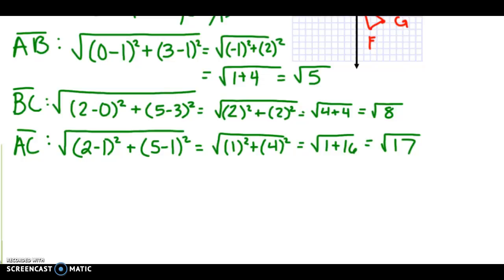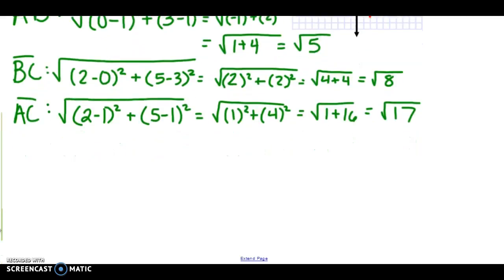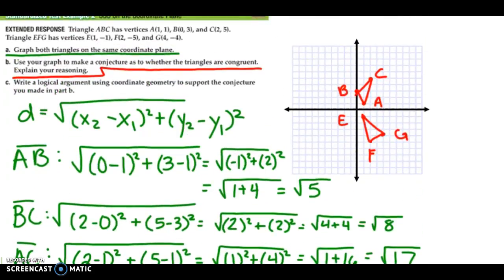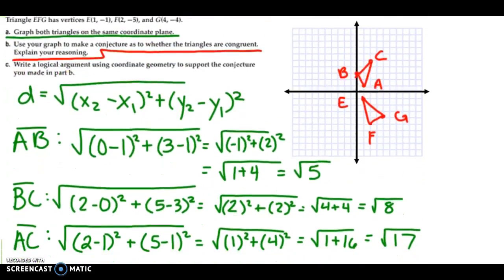So what we're going to do now is we're going to find the sides of EFG and see if they line up. See if they match. If they match, then I'm good. So EF is 1, negative 1, and F is 2, negative 5.